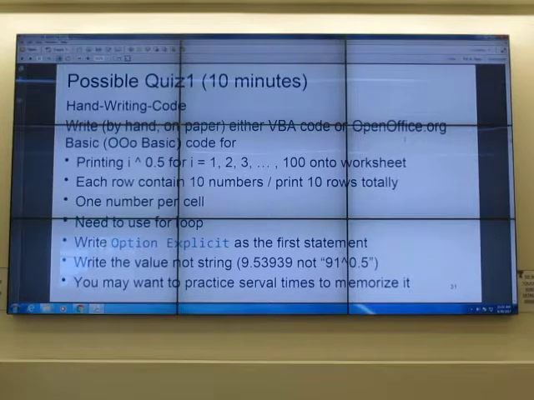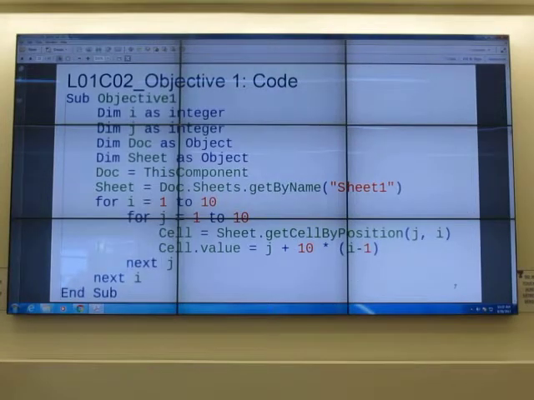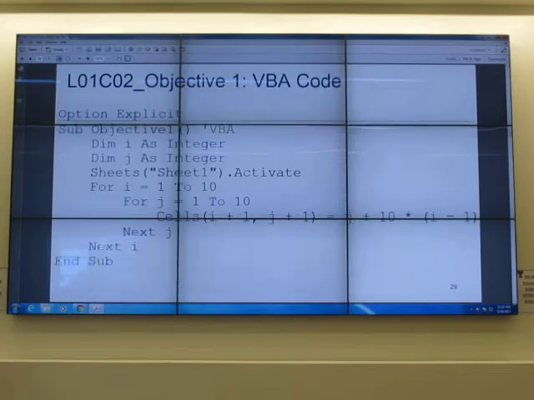I noticed the difference between the code on OpenOffice and on VBA. You seem to declare more with OpenOffice. The reason is for OpenOffice, you cannot use cells like this. Here you just use Cells to write.